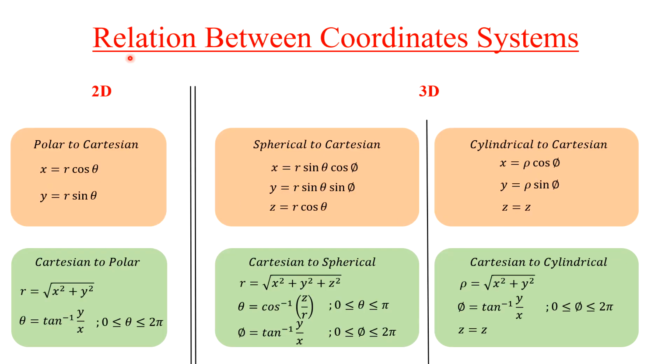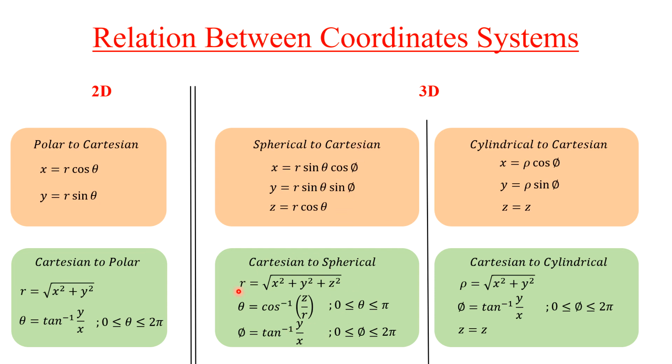So the summary is this: for a two-dimensional plane, by using these two equations we can convert polar coordinates to Cartesian coordinates, and by using these two equations we can get polar coordinates from Cartesian coordinates. Similarly for 3D, using these equations we can get Cartesian coordinates from spherical polar coordinates r, theta, phi.